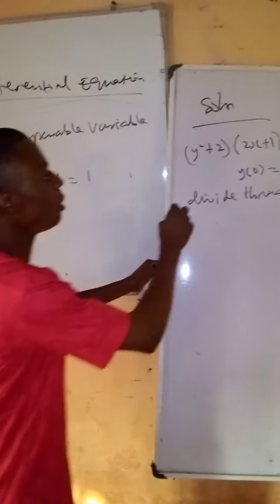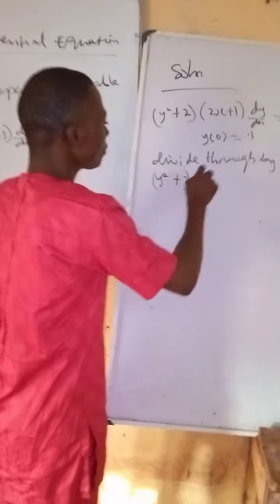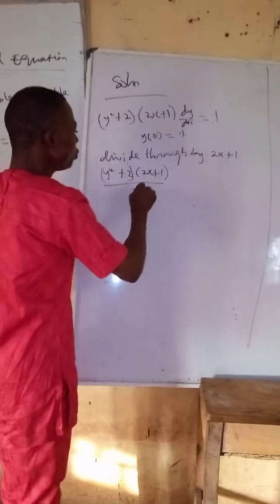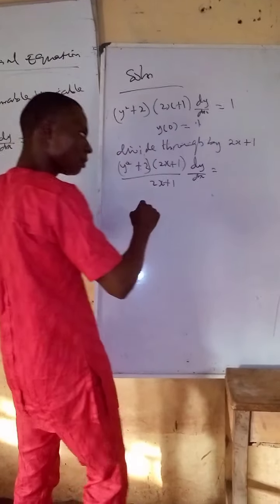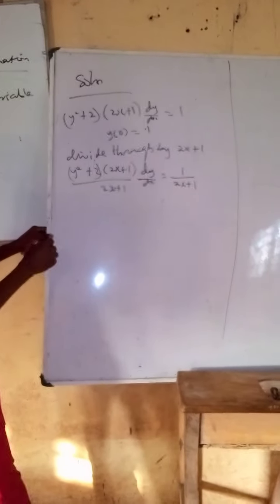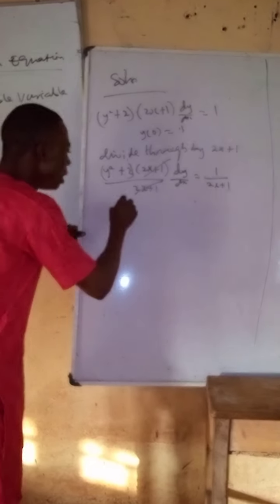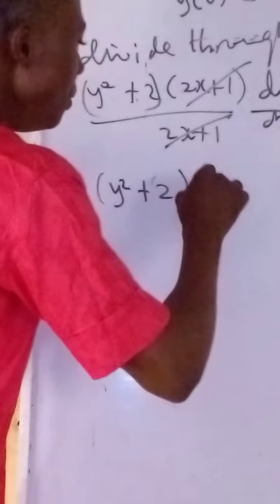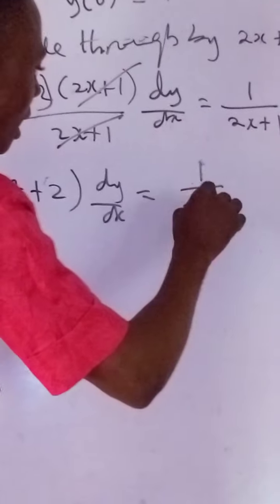If you divide through by 2x plus 1, we have (y squared plus 2) into (2x plus 1) all over (2x plus 1) dy/dx equal to 1 all over 2x plus 1. You agree with me that this will cancel this, and you are left with (y squared plus 2) dy/dx equal to 1 all over 2x plus 1.